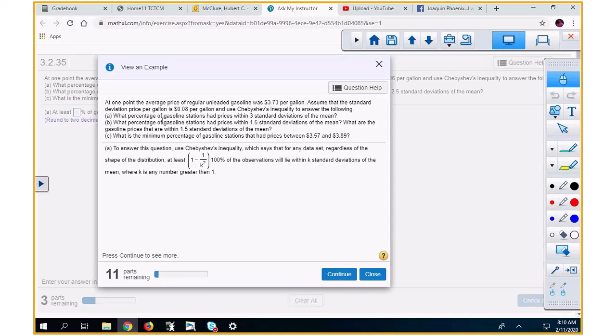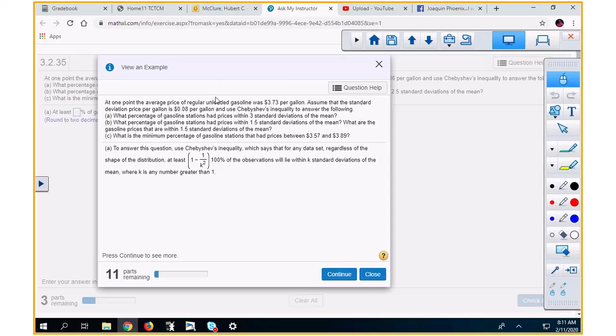Assume that the standard deviation price per gallon is 0.08 per gallon and use Chebyshev's inequality to answer the following. Now, you could do this by z-scores, and I wouldn't mind if you did it by z-scores on a test, but I don't give it to you on a test, so you don't have to worry about it.